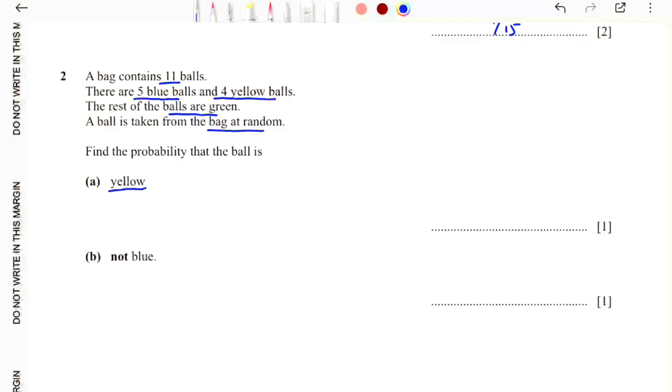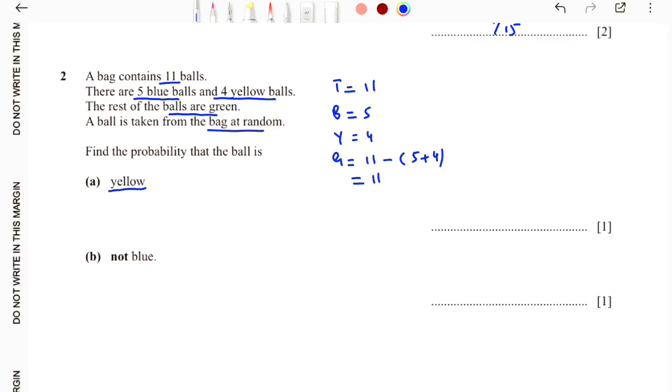Students, first of all, we have to see total balls are 11 and blue balls are 5, yellow balls are 4, and what are green balls? Definitely we are going to subtract the total of blue and yellow from 11.